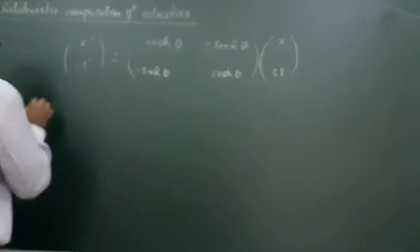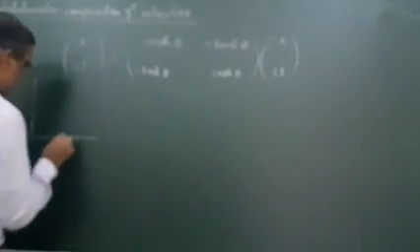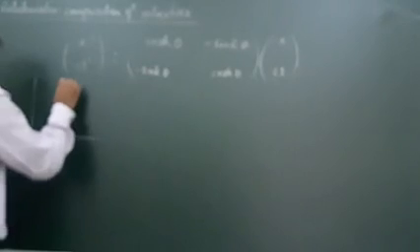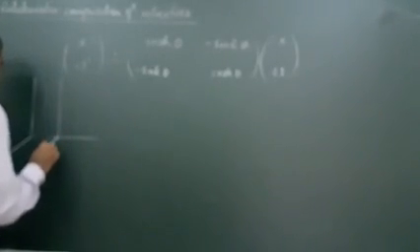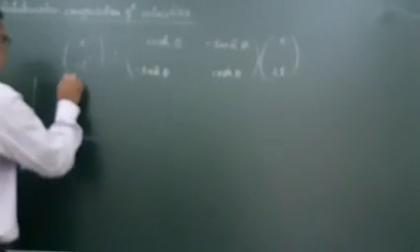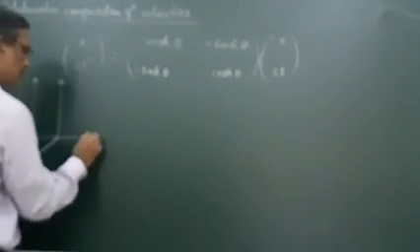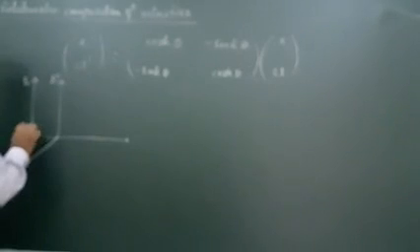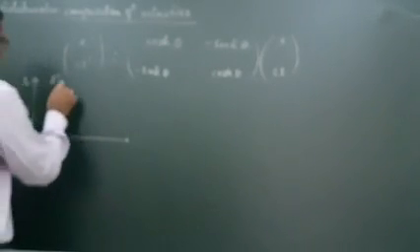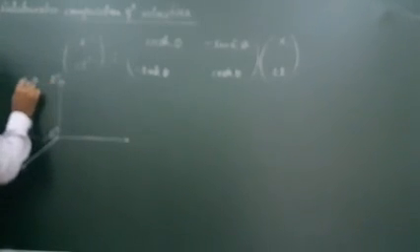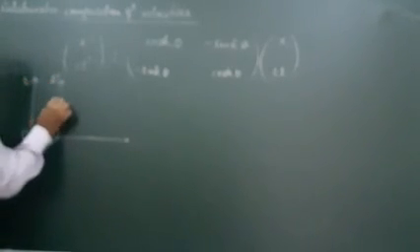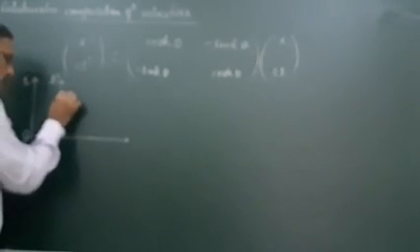This frame is S, and S dash is moving with relative velocity v, meaning this frame is moving with velocity v with respect to this frame.